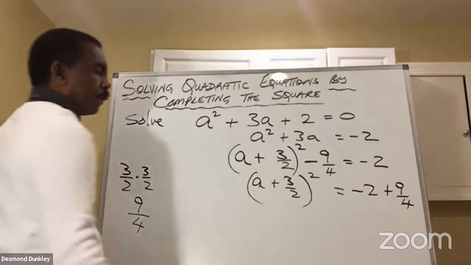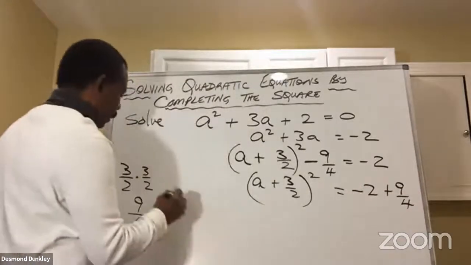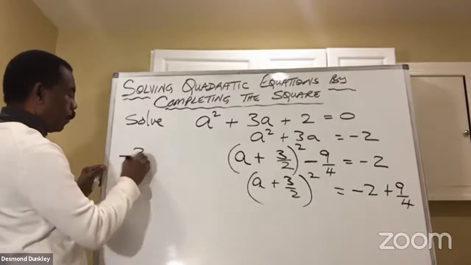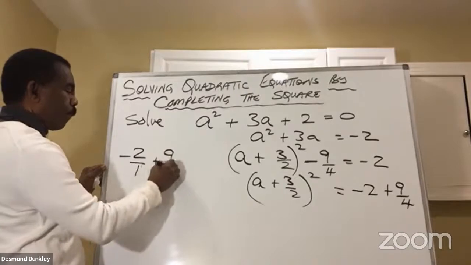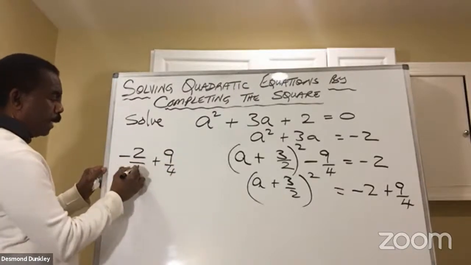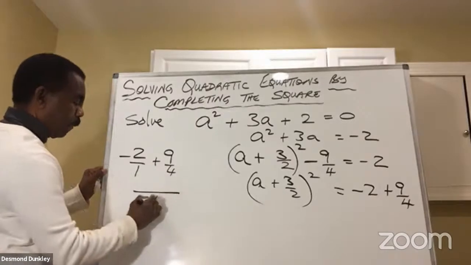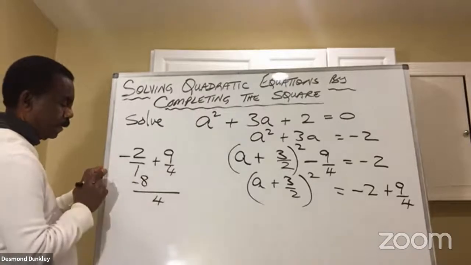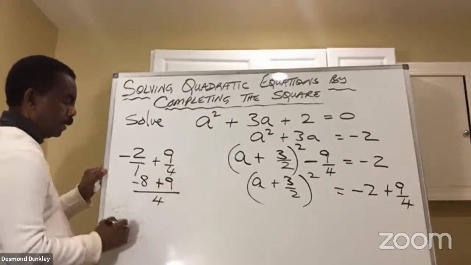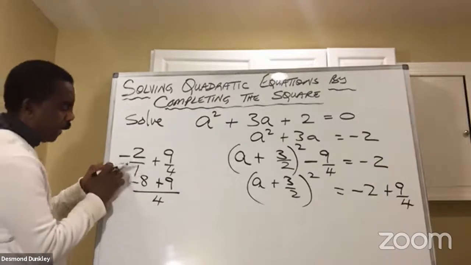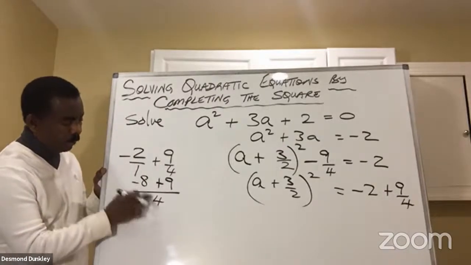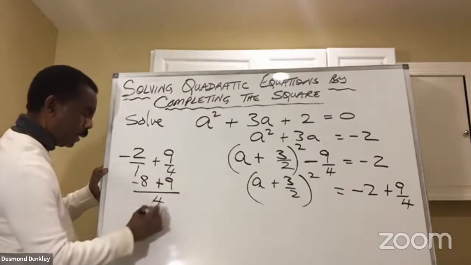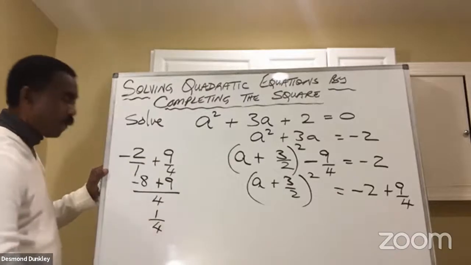Okay, so how do you simplify that? Well, I'm glad you asked. -2/1 plus 9/4. Get common denominator, it is 4. If this becomes 4, then this has to become -8 plus 9. So -2/1, if you multiply the bottom by 4, 4 times 1, 4, 4 times -2, -8. -8 plus 9 is 1/4.